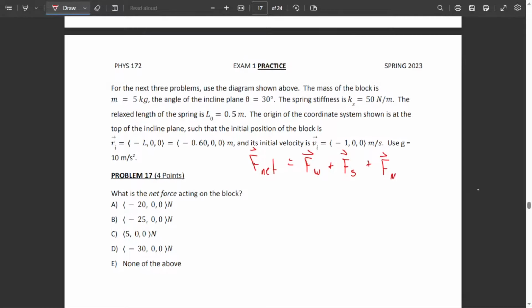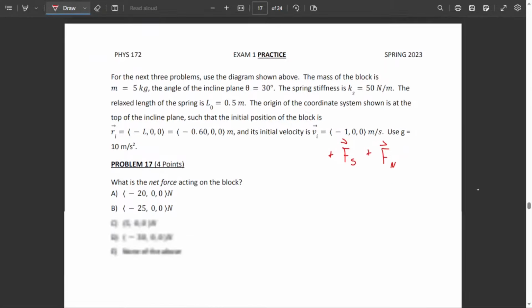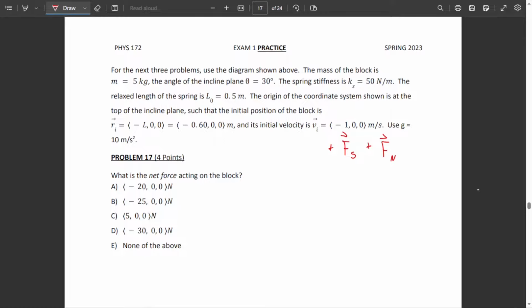So, actually, I'm going to write this with F, the force of weight in the x direction, the force of weight in the y direction. I think that'll make things easier.